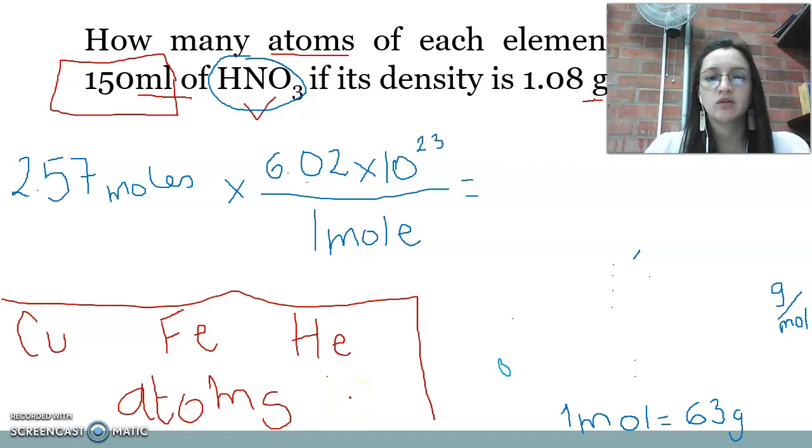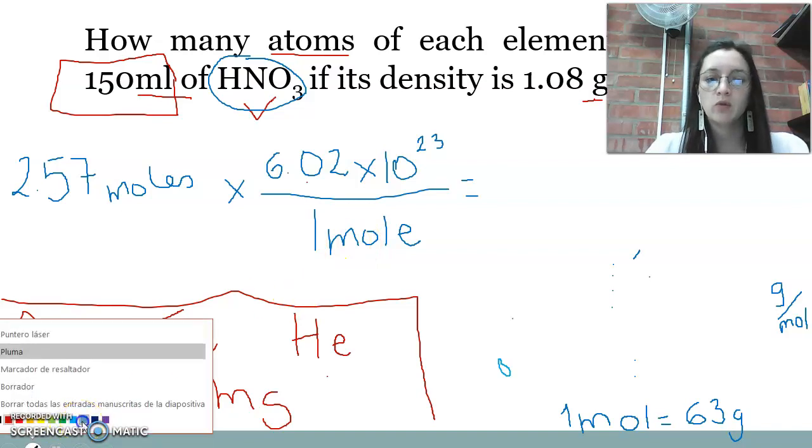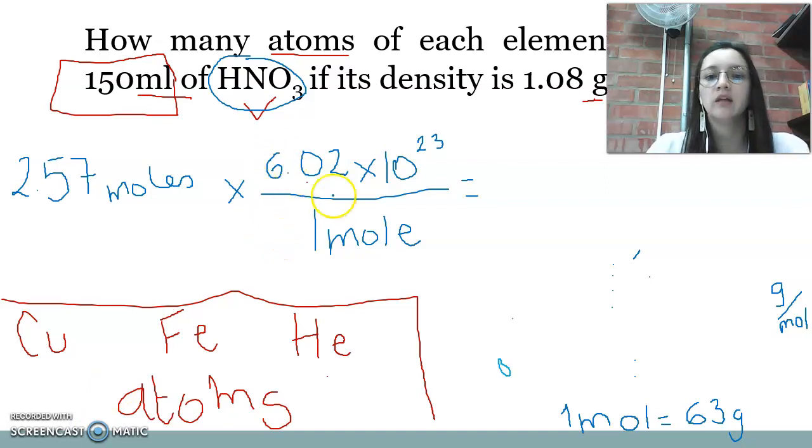when we can change straight from moles to atoms or moles to molecules. If we have a compound which is made of more than one atom, in that case we are talking about molecules together, and that's going to be most of the time. There are only a few exercises.